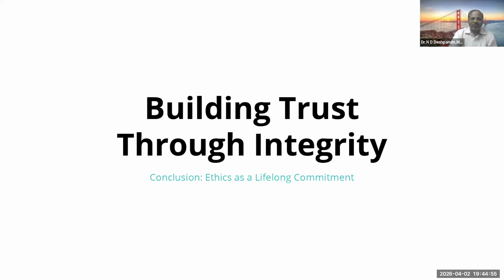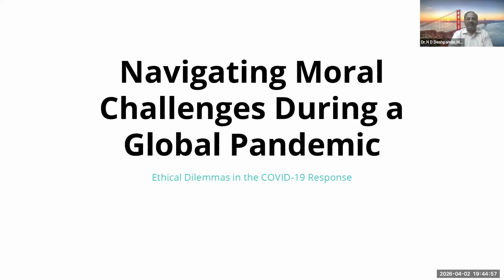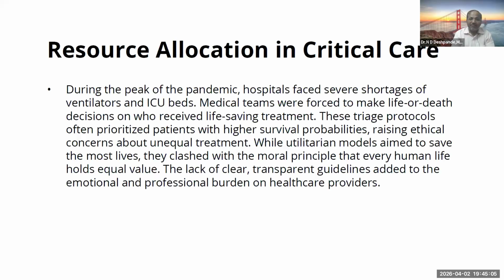Now coming to building trust through integrity, navigating a moral challenge during a global pandemic. Topic number two, ethical dilemmas during the COVID-19 pandemic. During the COVID-19 pandemic, as we have all seen, resource allocation was hampered. During the peak, hospitals faced severe shortages of ventilators, oxygen cylinders and ICU beds too.